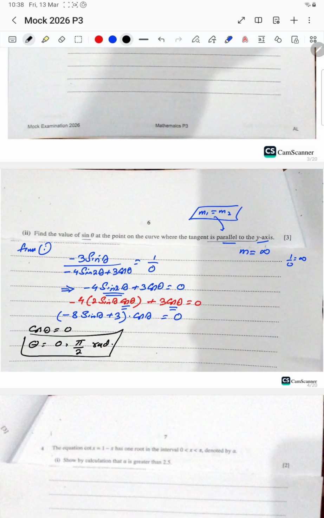So as it lies out of the bound, like 0 less than theta less than pi by 2, because you need to get the values in between, ignore it. Now the second case, see what happened with the second case. Here I'm going to solve it.